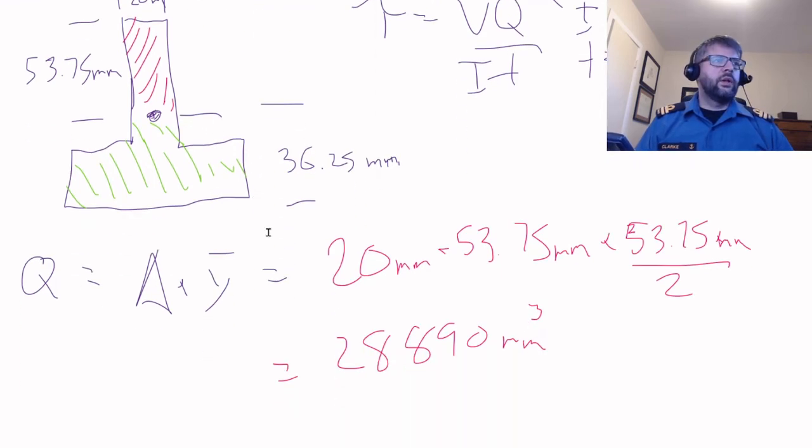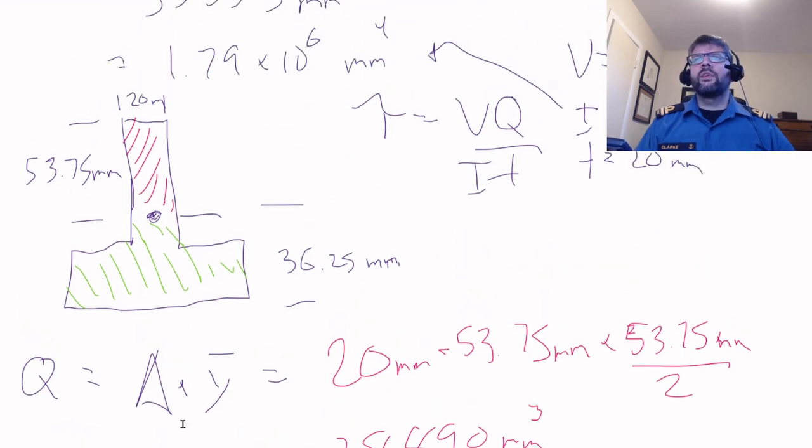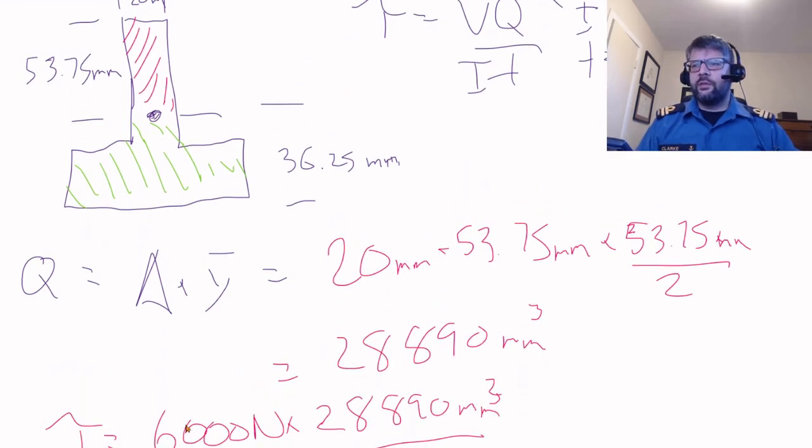So calculating our shear stress from there, that is going to be equal to 6,000 newtons times 28,890 millimeters cubed, all divided by 20 millimeters times 1.79 times 10 to the 6 millimeters to the fourth.